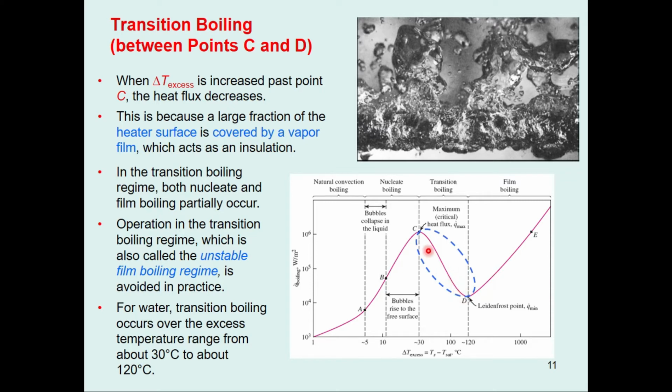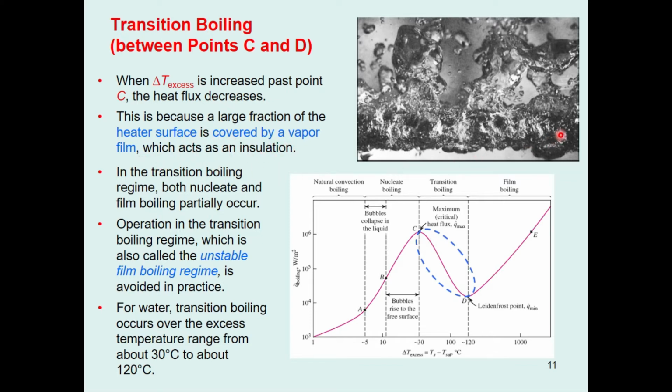Here is the description: when the delta T excess is increased past the point C, what will happen? The heat flux decreases, and it ultimately goes to the point D. This decrement of the heat flux is because a large fraction of the heated surface is covered by the vapor film.